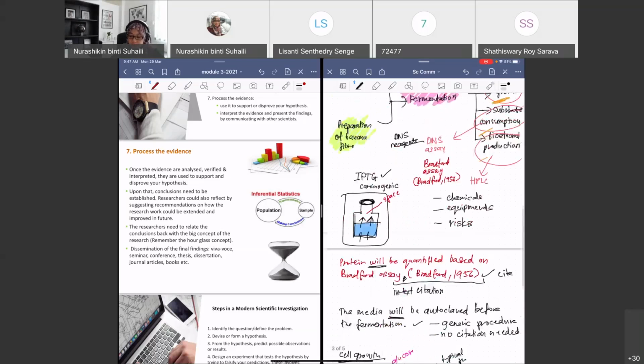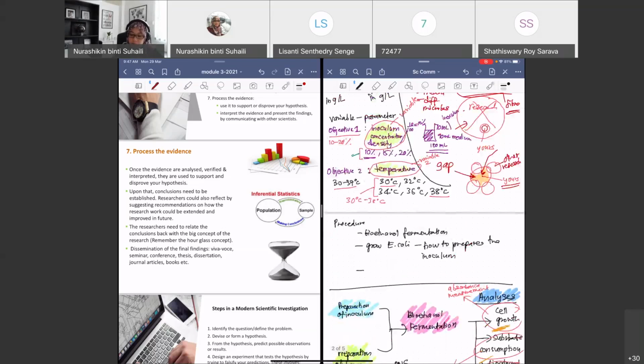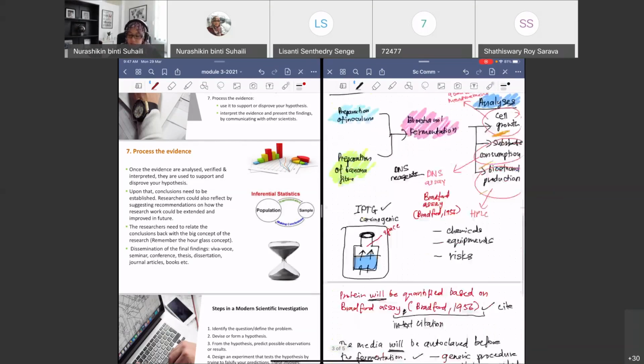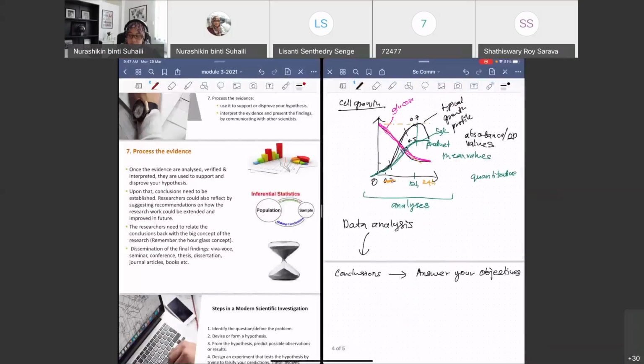Let's say your objective here is to investigate the effect of inoculum concentration on bioethanol production using banana fiber, right? You want to study the effect. So your conclusion is, let's say you found out just now 15% is the best. You can say that there is a relationship.